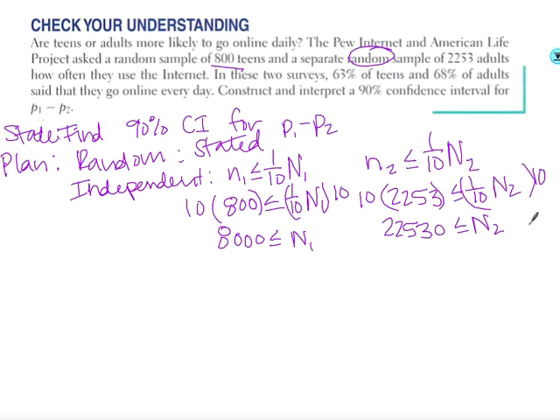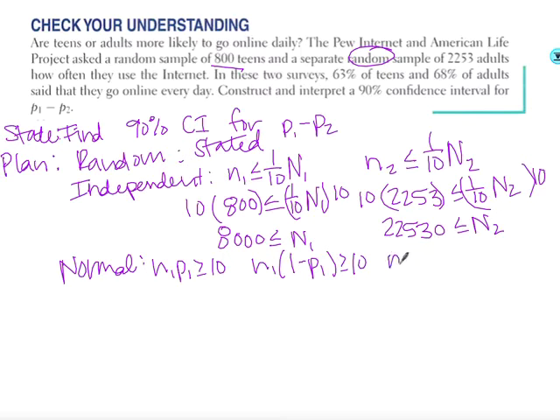So when we talk about normal, we're going to look at that N1 times P1 greater than or equal to 10. N1 times 1 minus P1 greater than or equal to 10. N2 times P2 greater than or equal to 10. And N2 times 1 minus P2 greater than or equal to 10.